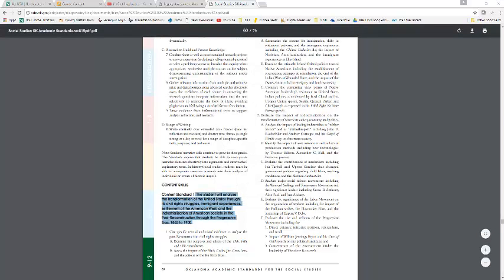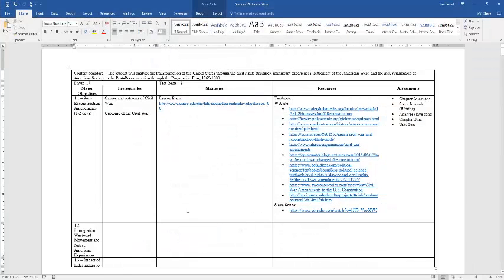So what would that look like then? So let me show you what that looks like. So here I have content standard 1. The student will analyze the transformation of the United States through the civil rights struggles, immigrant experiences, settlement of the American West, and the industrialization of the American society in the post-Reconstruction through the progressive eras, 1865 to 1900.